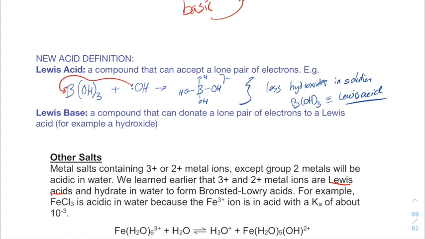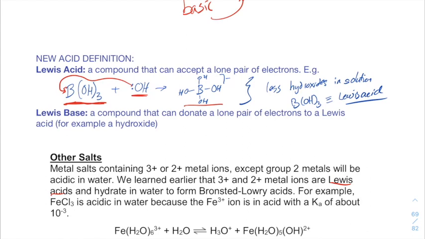That's too much work. So a good example of this is many of the boron compounds. So this is boric acid, B(OH)3. And you might look at boric acid and say, well, this has 3 hydroxide groups on it. How can it be an acid? Well, it's an acid because it can accept an electron pair from a hydroxide to form B(OH)4-.